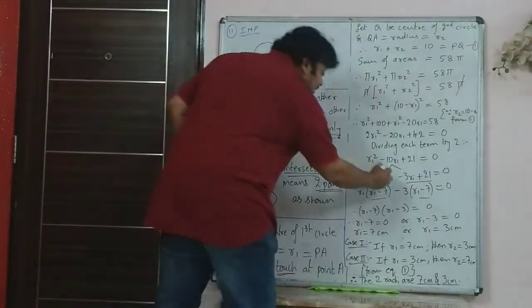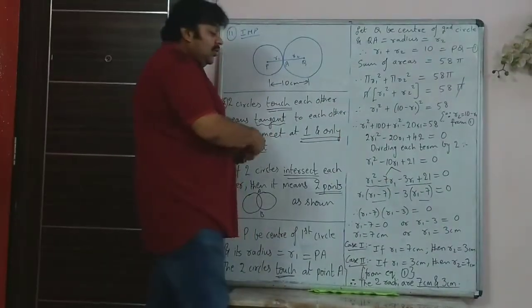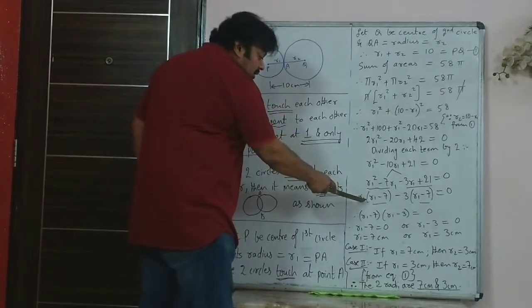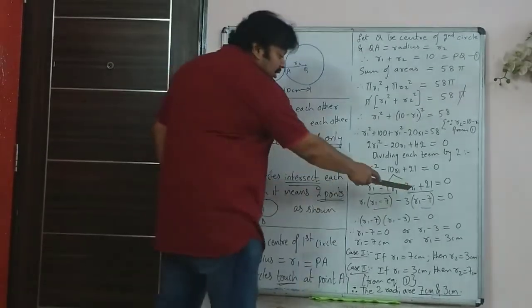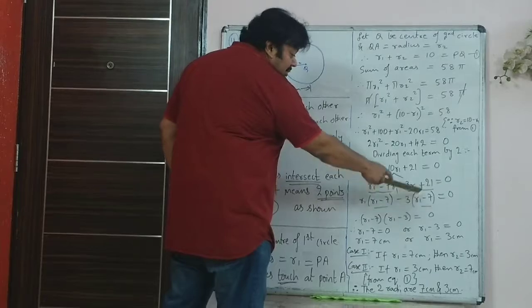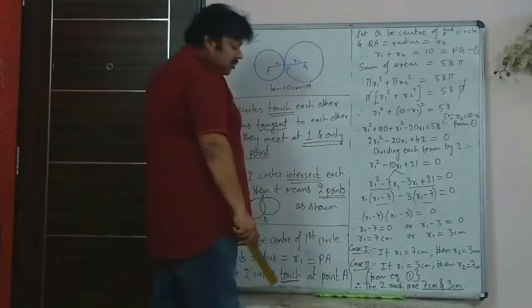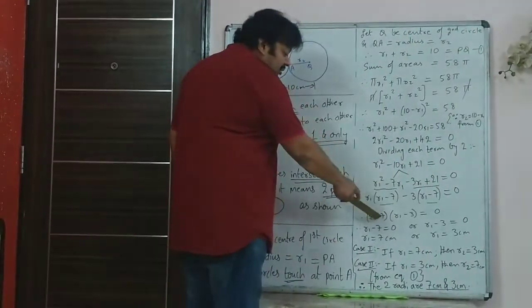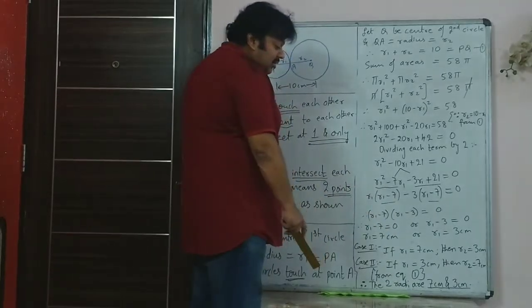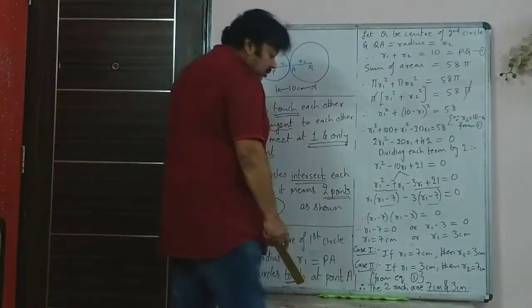So you take R1 common out, R1 minus 7. The last two terms again 3 common out, R1 minus 7. So R1 minus 7 into R1 minus 3 is equal to 0.